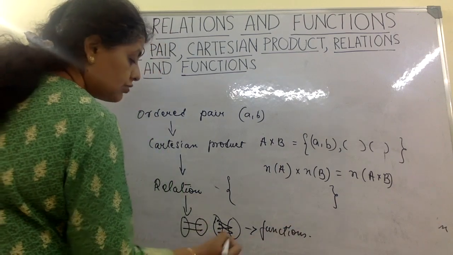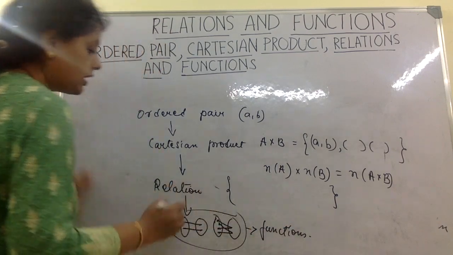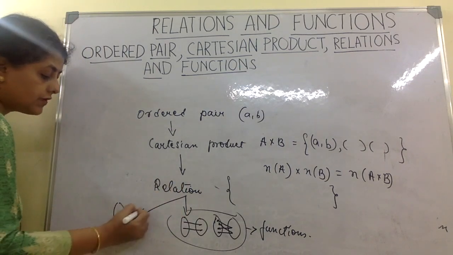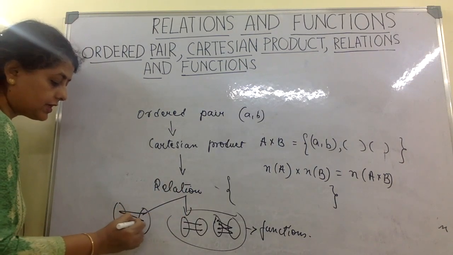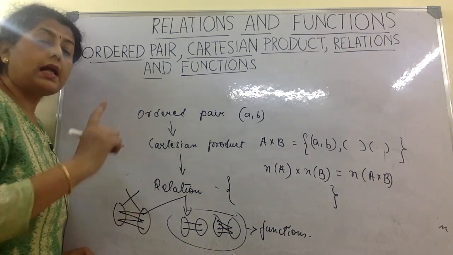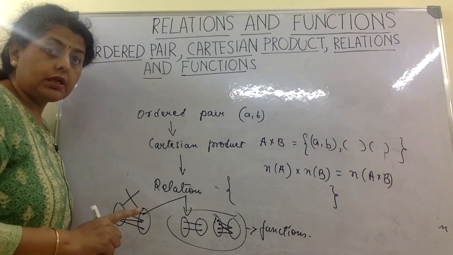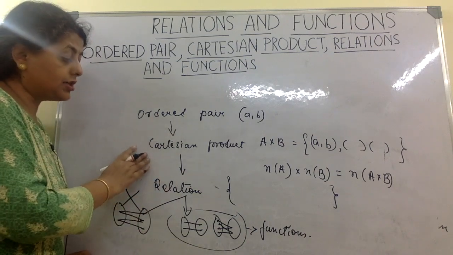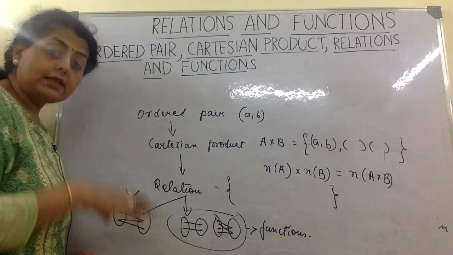So these two types are functions. But then what is not a function? If I have the less than sign, then it does not qualify as a function. So starting from ordered pair, then Cartesian product, then relation, and then function.